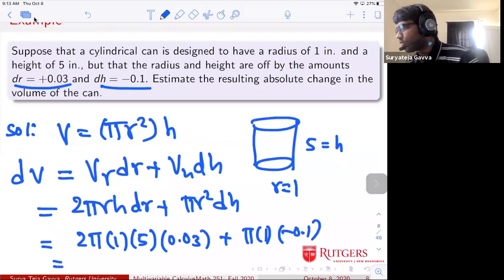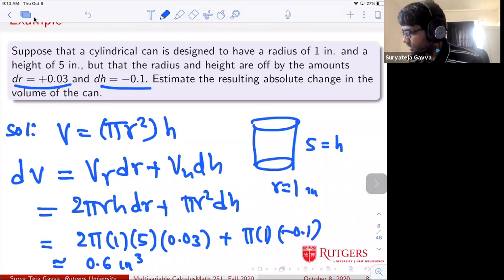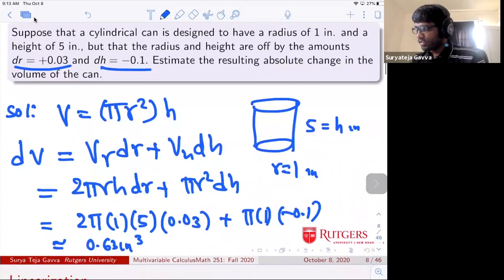So this turns out to be approximately 0.63 inches cubed, since each of them are in inches. Just compute this value. There's no difference; instead of calling it delta, we are now calling it d. You can call it whatever you want.